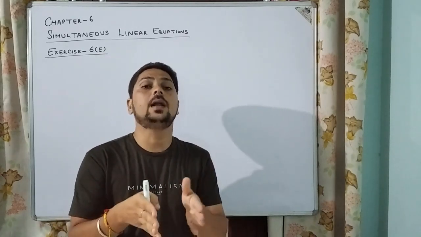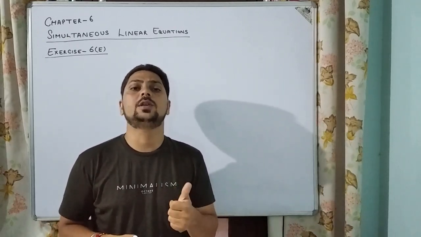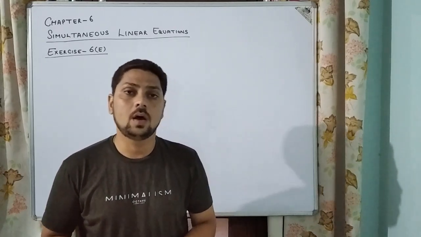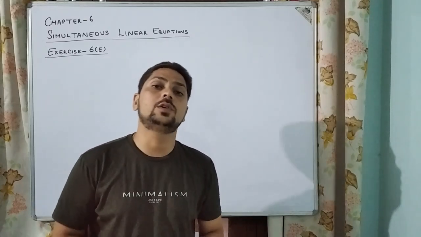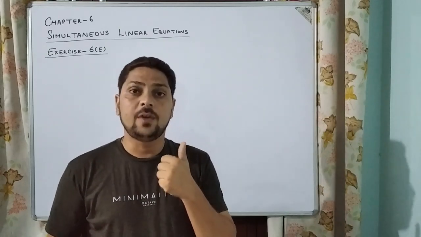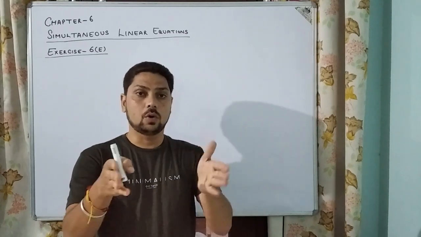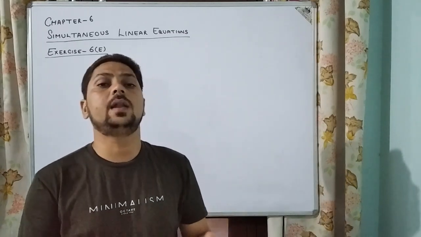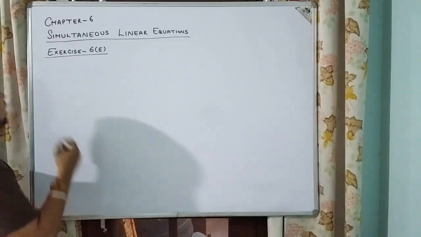So first, we have to make two linear equations in two variables, and we'll solve those equations to find the value of the variables that we have to find here. So without wasting time, let us begin with our exercise 6E, question number 1.